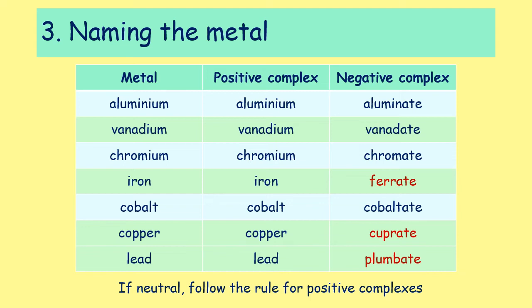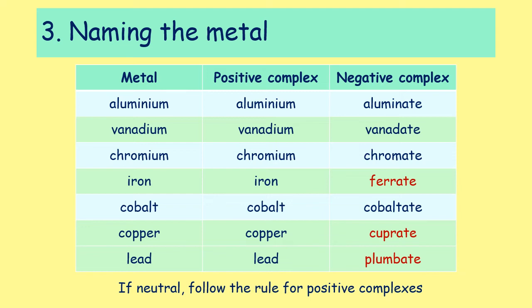Now, when it comes to naming the metal, you only need to worry if the overall complex is negatively charged. So if the complex is overall positively charged or is neutral, the metal just keeps its name. So aluminium stays aluminium, iron stays iron, etc. If, however, the overall complex has a negative charge, the name of the metal ends in ATE.